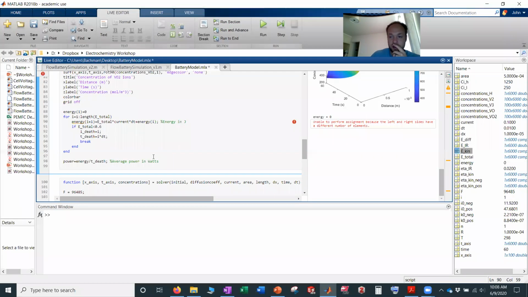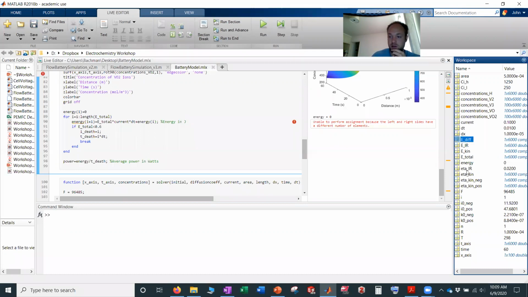Okay, so far, let's see here. So energy is 0. E total 6,000.